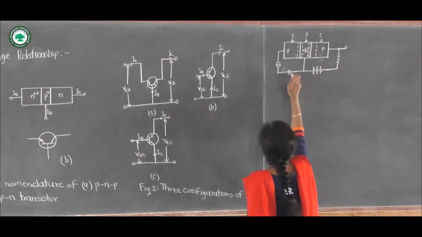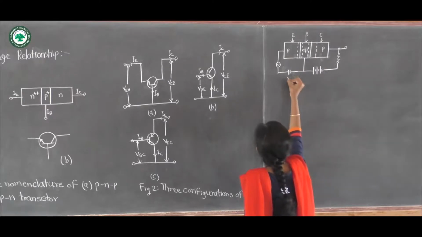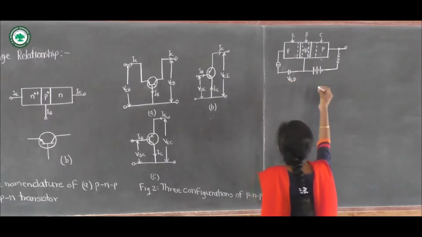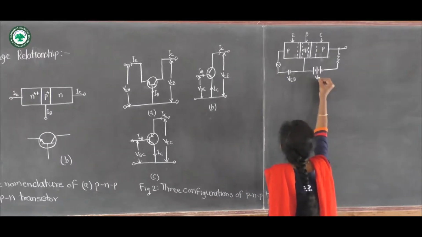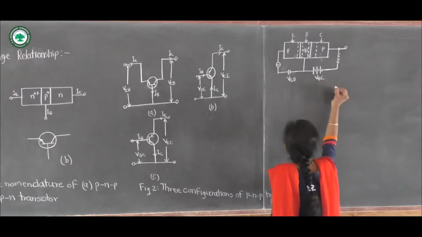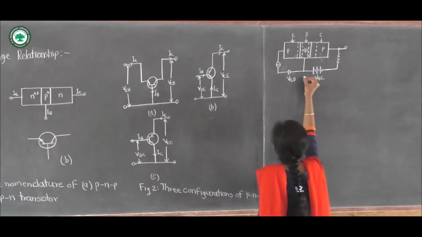So this is VEB and this is VBC. This is figure A.